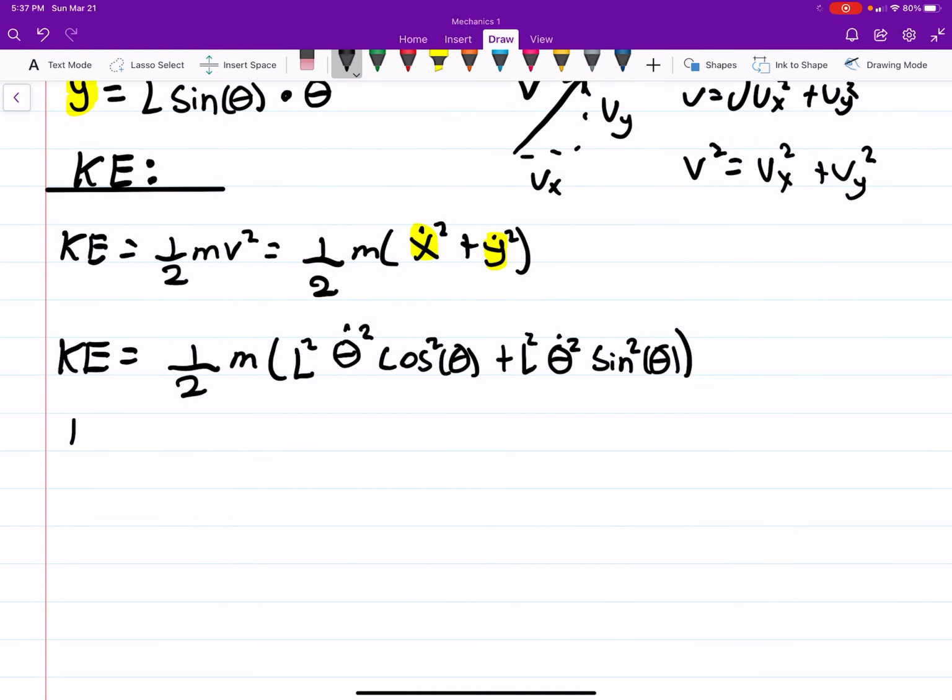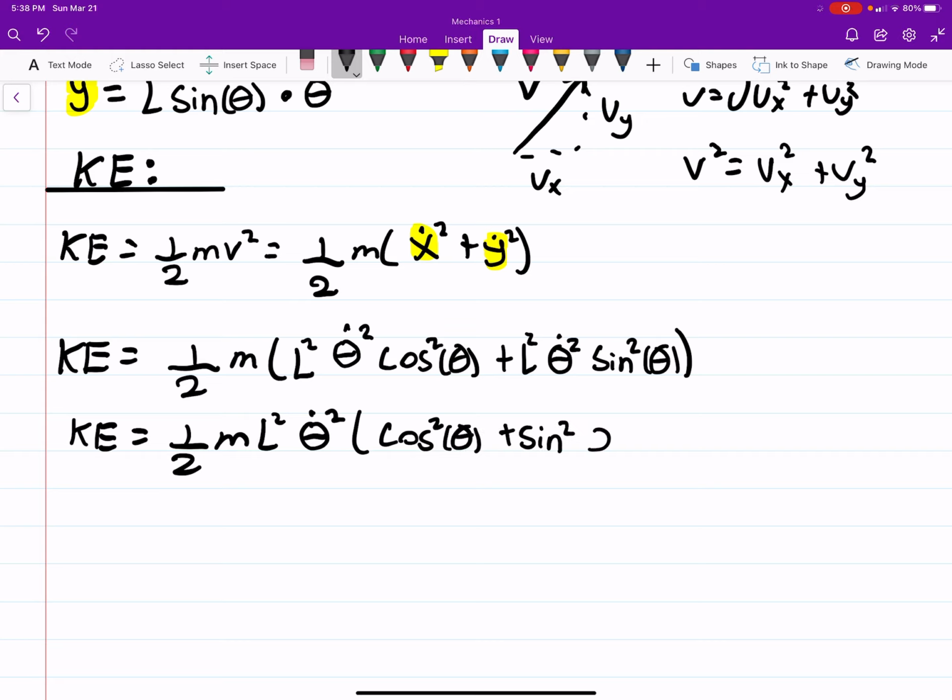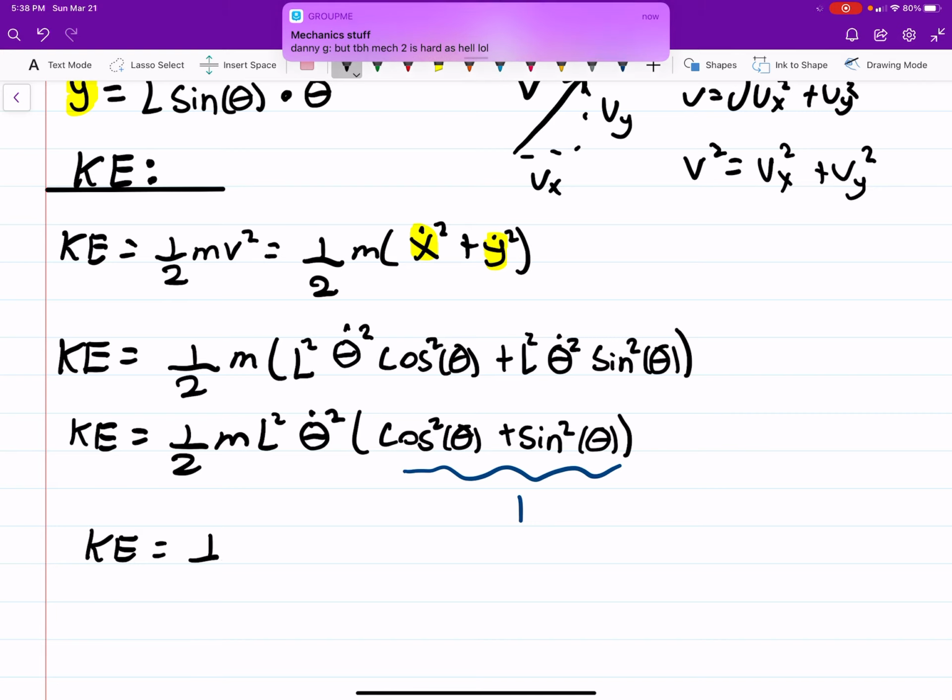So we can say then our kinetic energy is 1/2 m, I'm going to factor out an L squared and a theta dot squared, and you're left with just cosine squared theta plus sine squared theta, and that's obviously Pythagorean's identity. This is just 1. So we find that your kinetic energy is 1/2 m L squared theta dot squared.